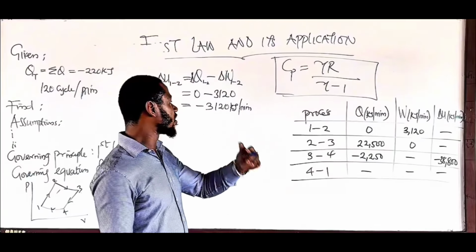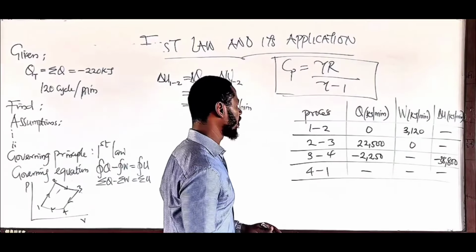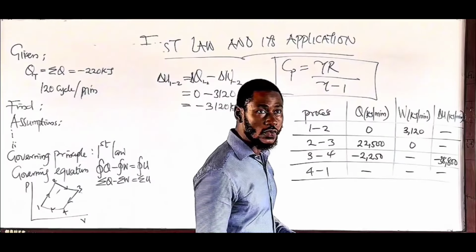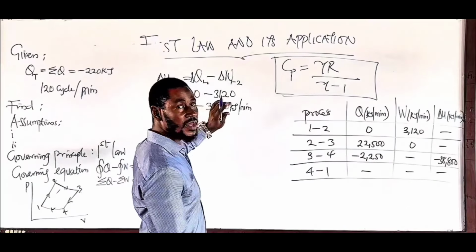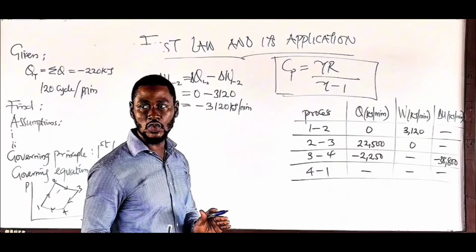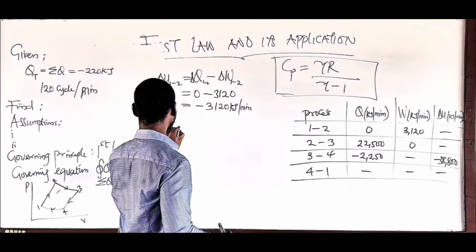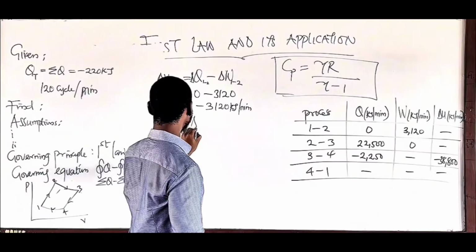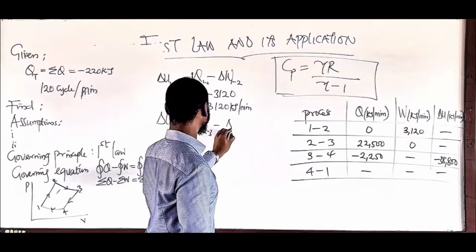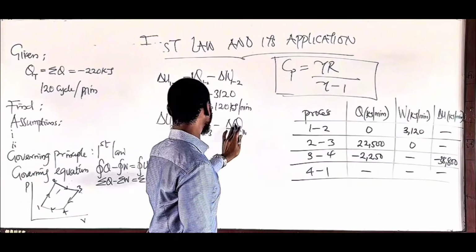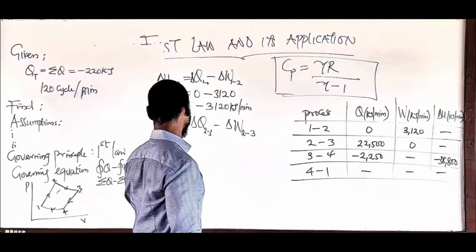The next one is process 2 to 3. In process 2 to 3, we are also told to find the value of internal energy. So we can follow the same expression we have on the board. All we need to do is change the processes. The change in internal energy from process 2 to 3 becomes change in heat transfer from 2 to 3 minus change in W from 2 to 3.